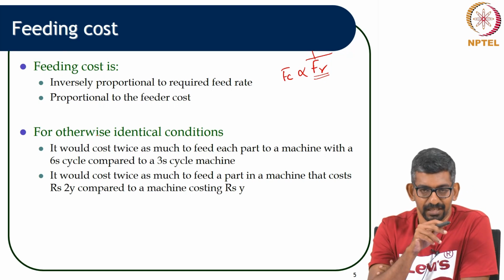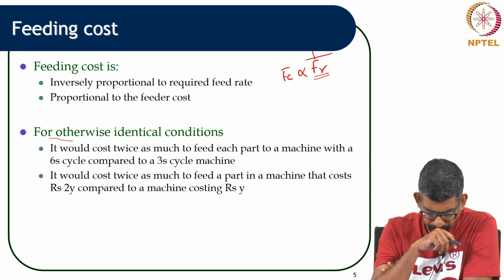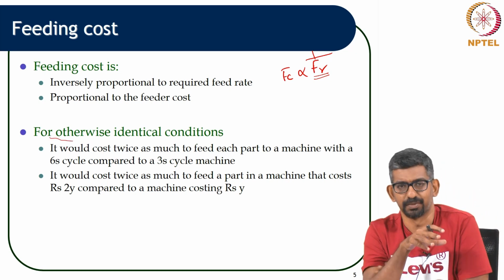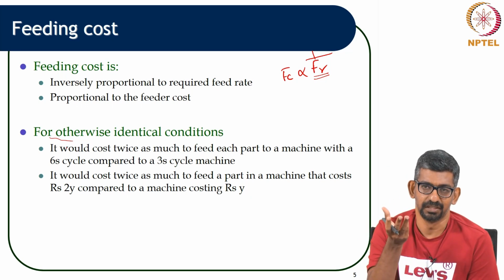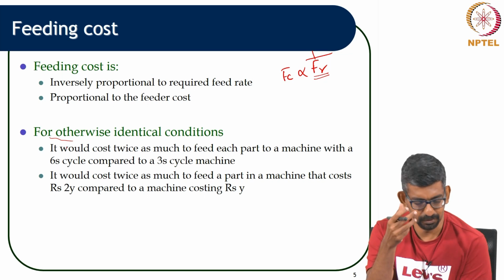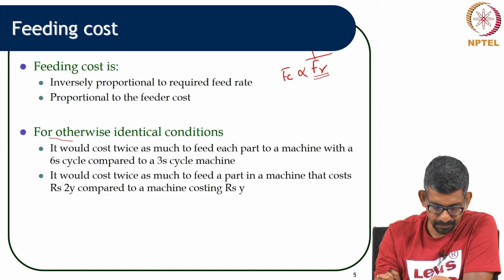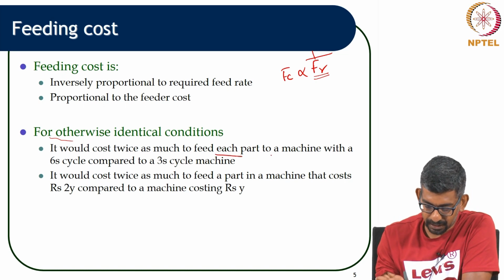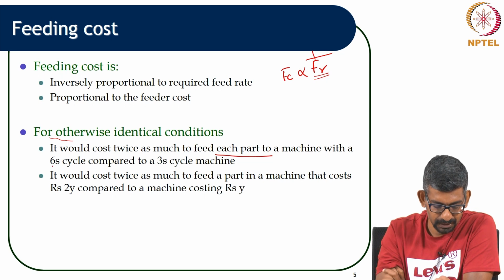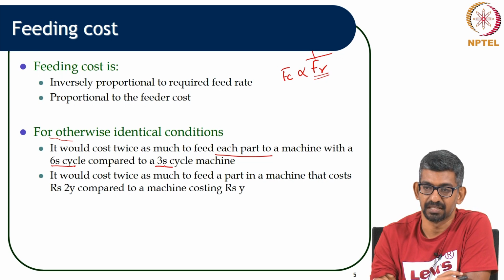For otherwise identical conditions, what I mean is that this is for comparative purposes. So, the complexity or the simplicity of the design part, the geometry, everything remaining the same. What it means is, it would cost twice as much to feed each part to a machine with a 6-second cycle compared to a 3-second cycle machine.